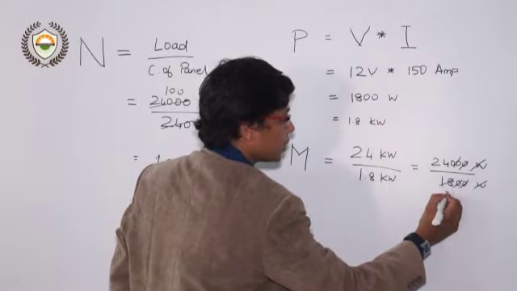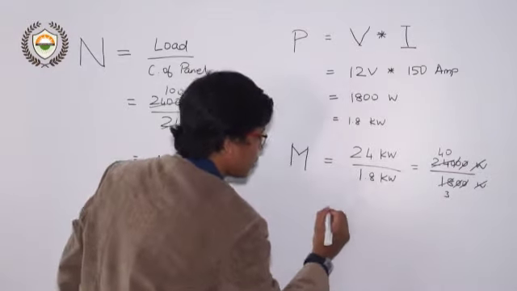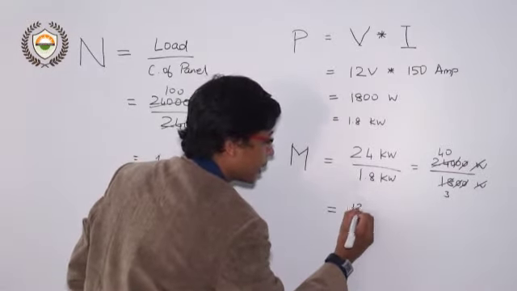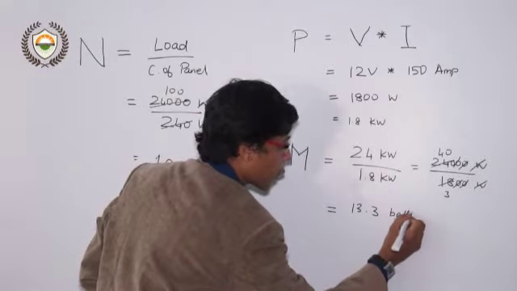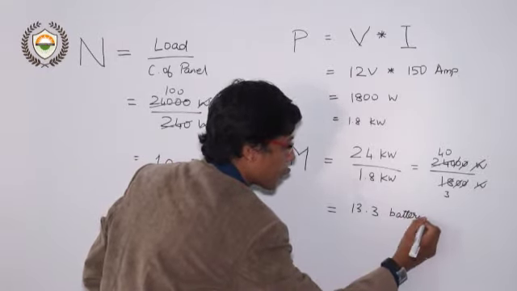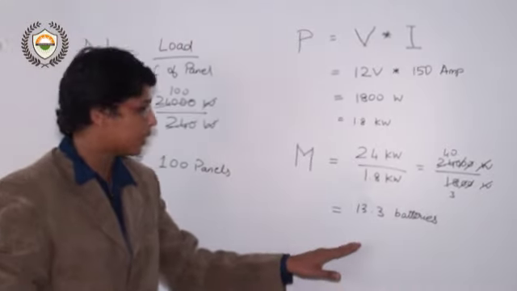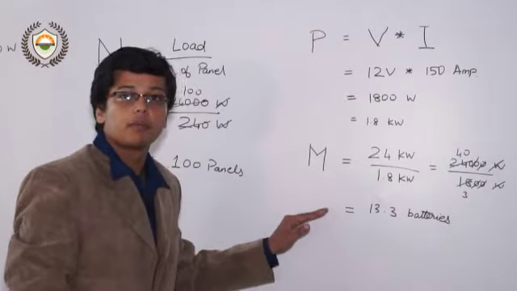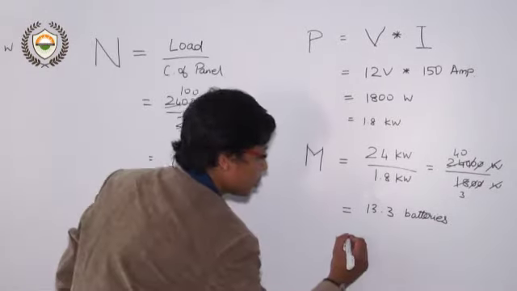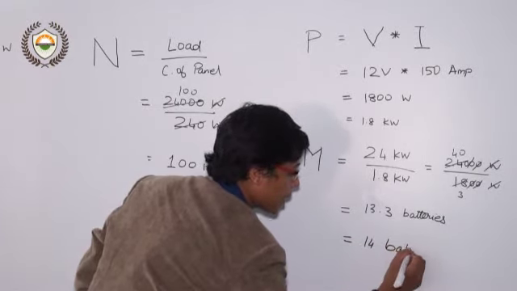That comes to around 13.3 batteries. But as we cannot have 0.3 of a battery, we generally take the upper whole number. So generally we consider it as 14 batteries.